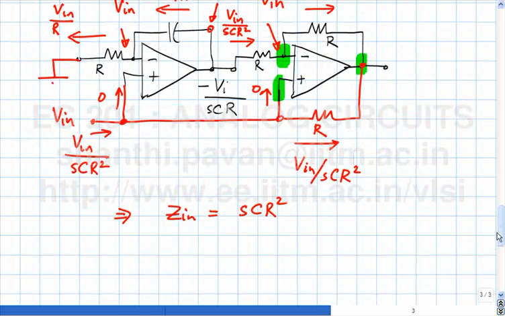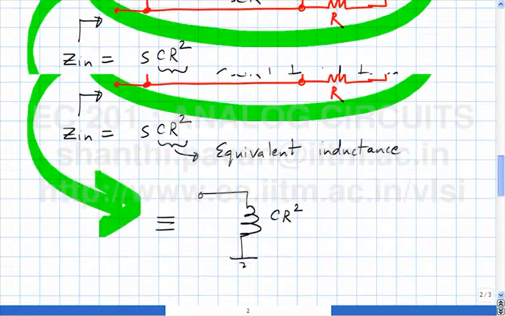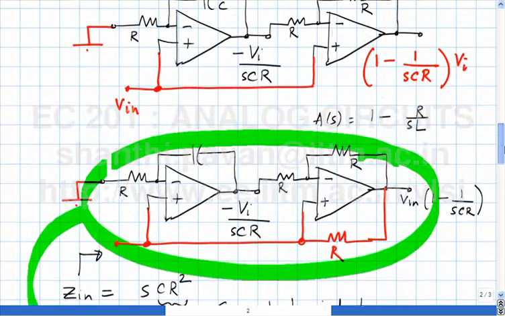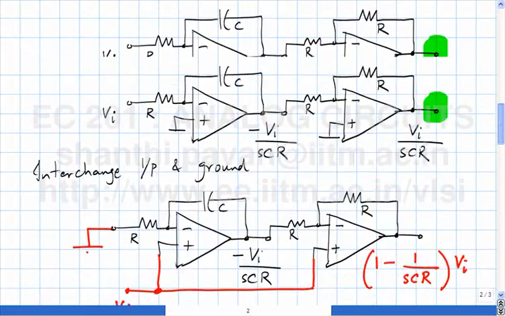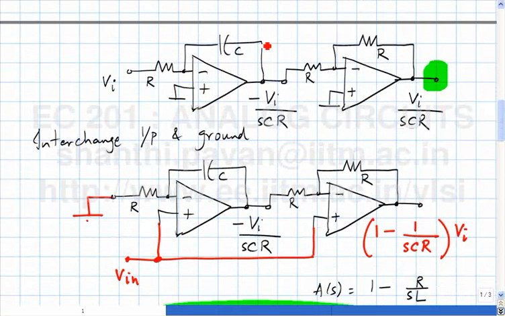Another circuit can be simply derived by following an artifice, which is: we realize the non-inverting integrator by having first an inverting integrator and then an inverter. I could have done the opposite thing. I could have the minus 1 amplifier first and the integrator, and then go through the same logic, and I will get another circuit diagram which looks different, but also gives you SCR square.